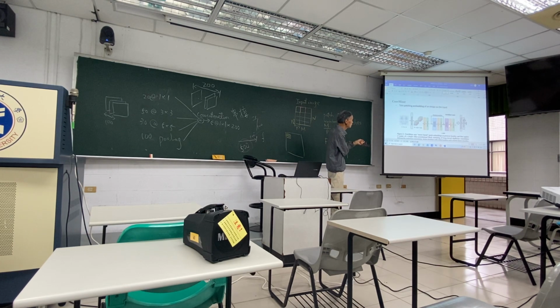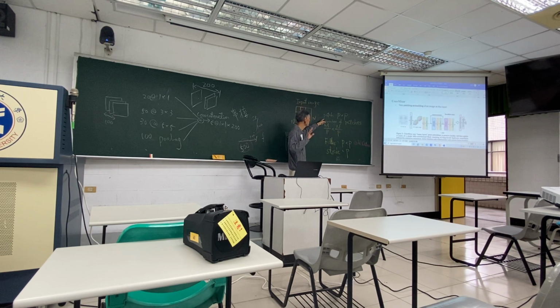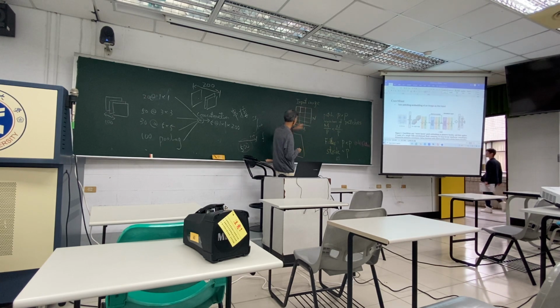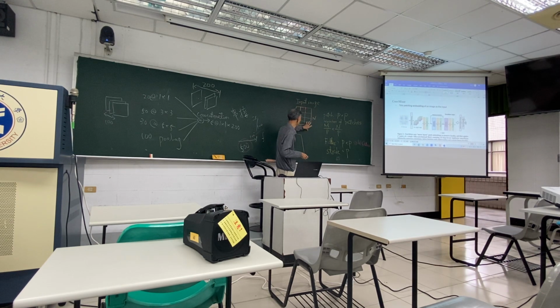The only breakthrough, or only something new about it, is right here. It uses a P by P patch as a filter, of size P by P with a stride of P, so that you can extract a lot of spatial information far away from each other.